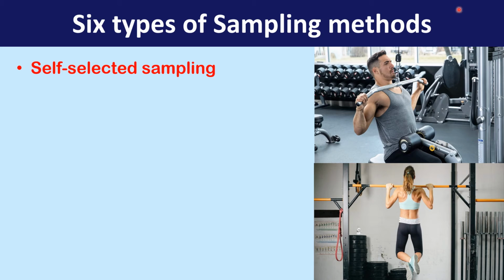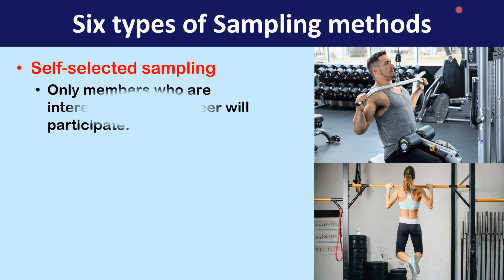So how can self-selected work? First of all, think about it as a volunteer situation. Only members who are interested, and only members that want to volunteer will participate in this entire survey. You can think of it in that way.